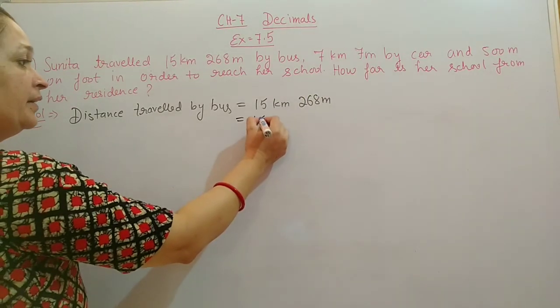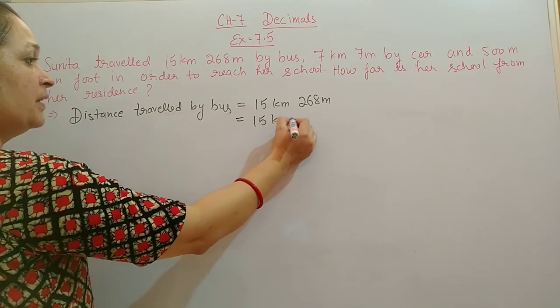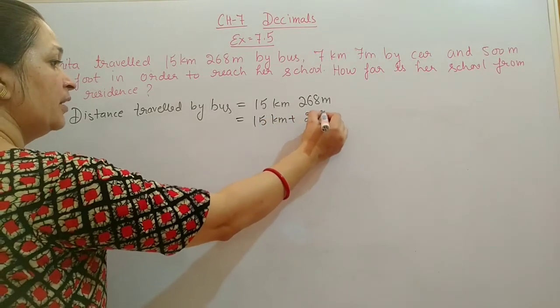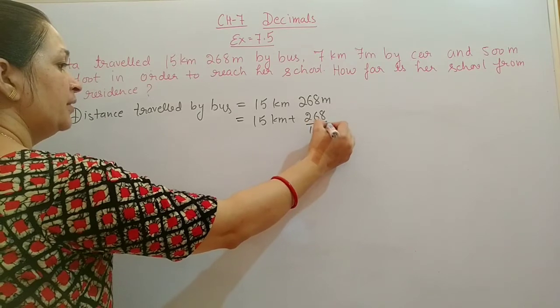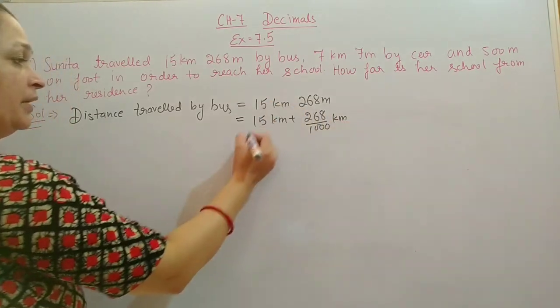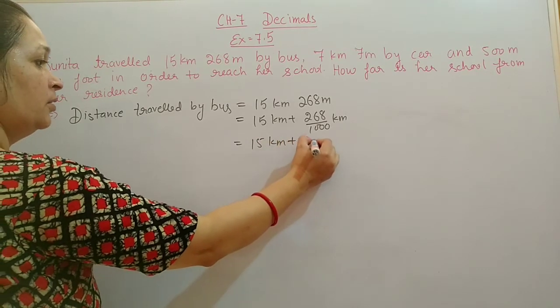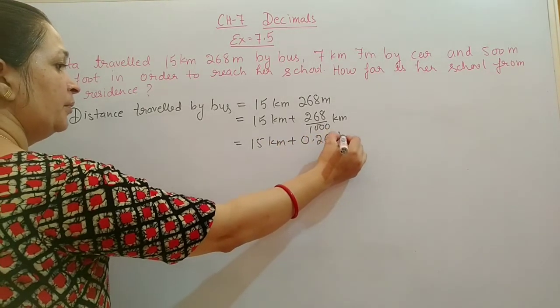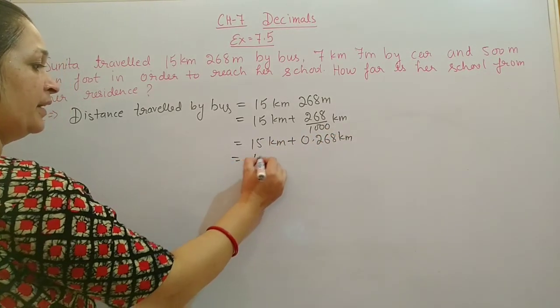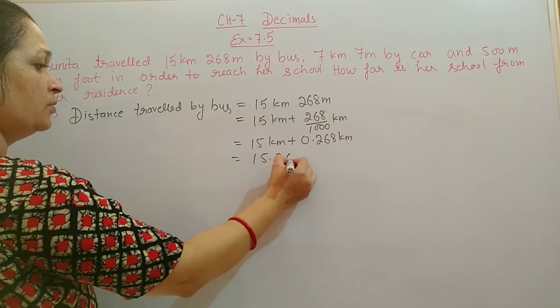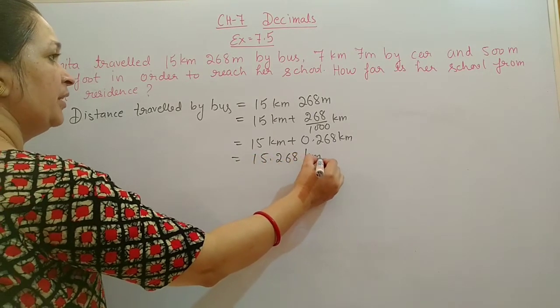To change meter into kilometer we have to divide by 1000. We can write it as 15 kilometer plus 268 by 1000 kilometer. After dividing by 1000 it will become 0.268 kilometer. Together we can write it as 15.268 kilometer.